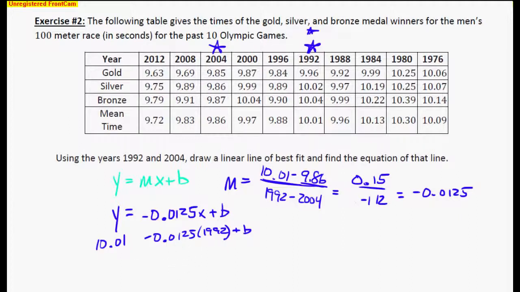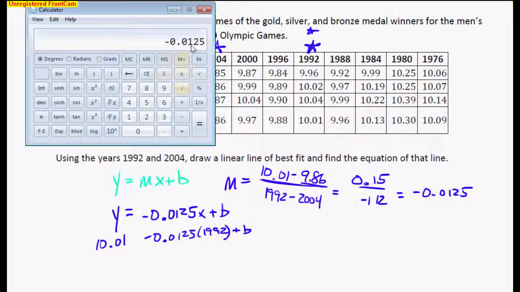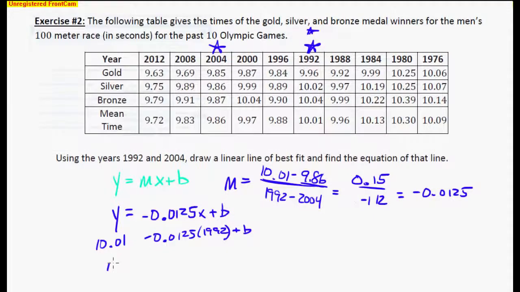I need to take this slope times 1992, and that's going to be negative 24.9. Then I'm just going to add 24.9 to both sides.